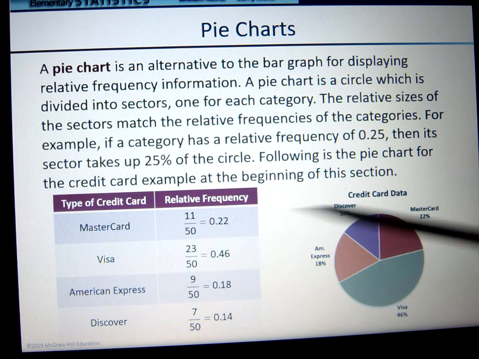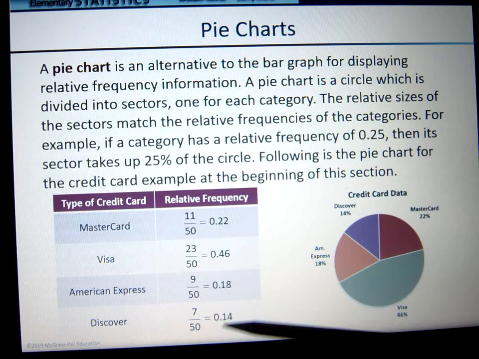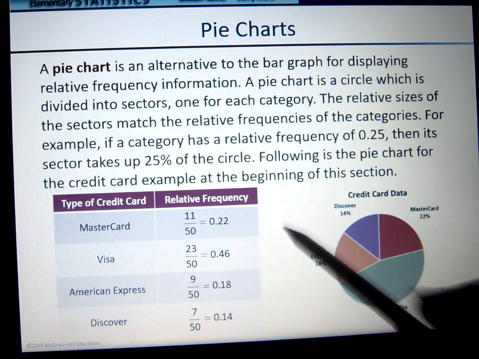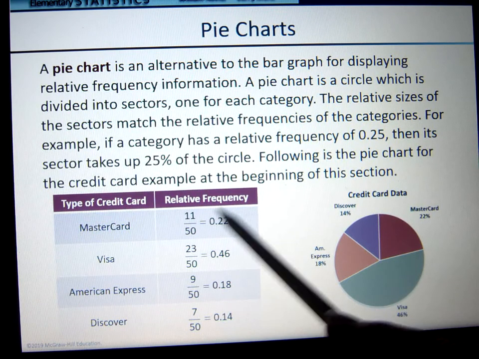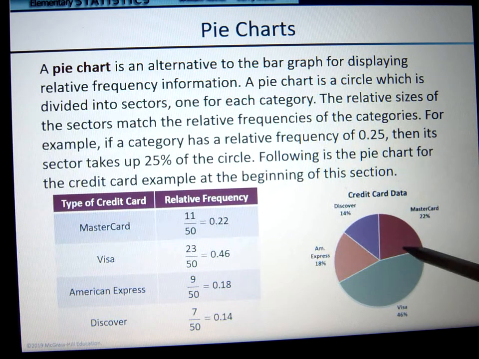Okay, so here we have 22%, 46%, 18%, and 14%. So you might say, how do we do that? Well, I'll show you how to do that. So you would take 22% of 360 to get your angle for this.